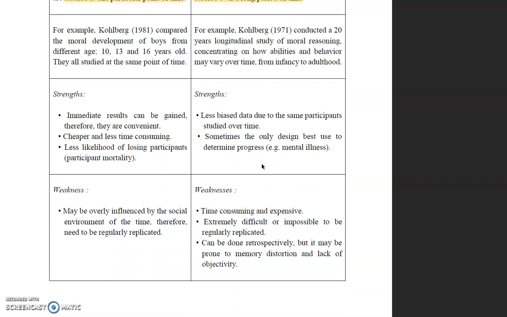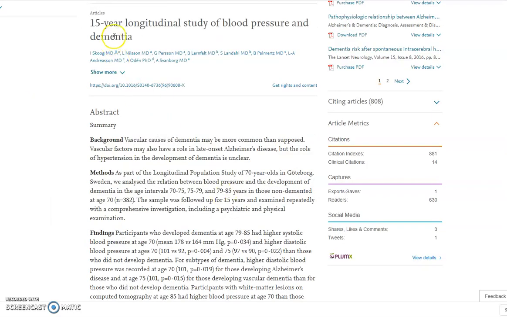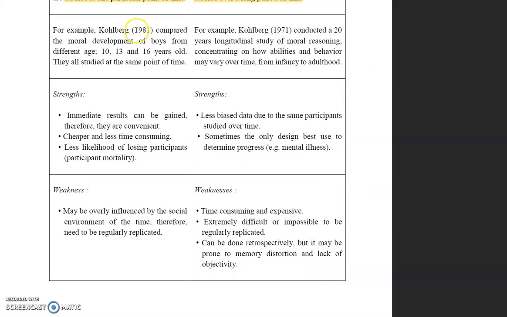The weaknesses include that it's time consuming. If you conduct a research for 15 years, that's a very long time. So it's time consuming and it will be expensive. Imagine looking at the progress or development of something for 15 years. You might have quite a big sum of grant.